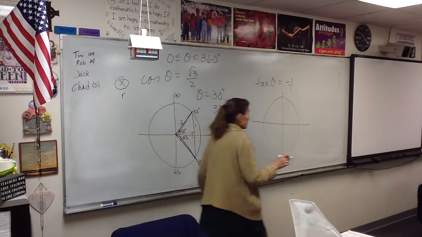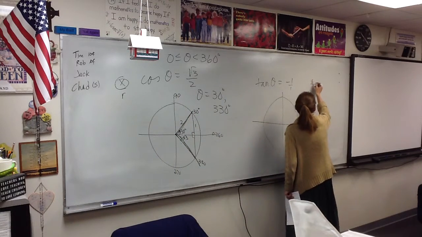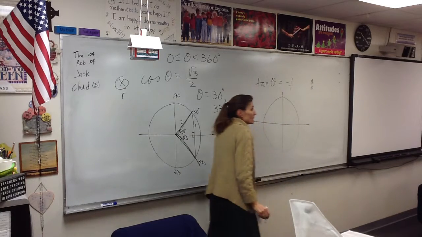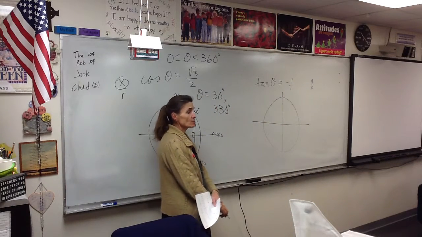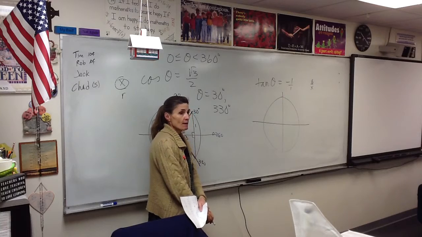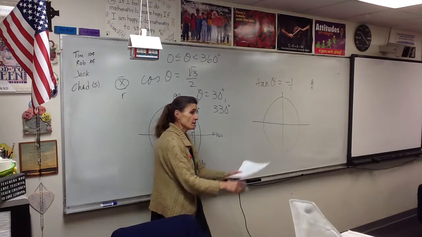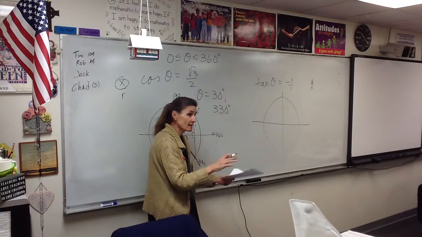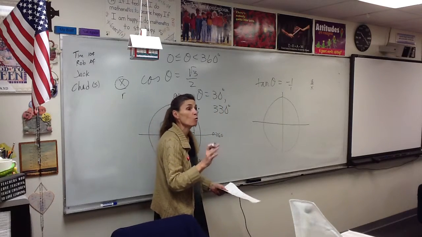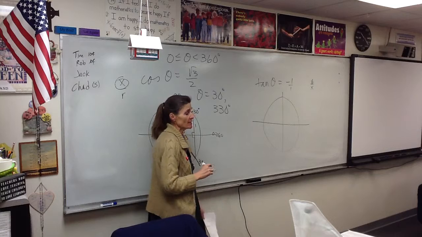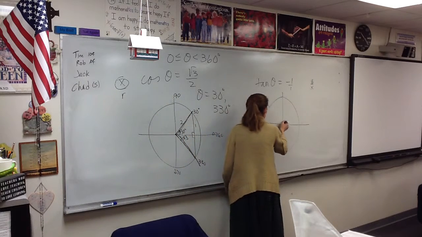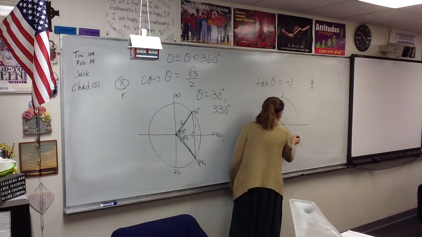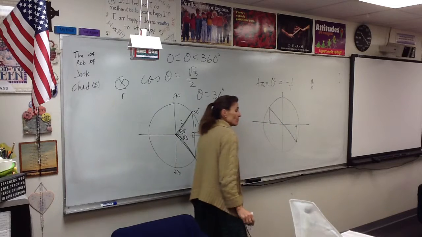Remember, tangent is y over x. If that fraction is going to be negative, then doesn't that mean one of them is positive and one of them is negative? You've got y and x, one of them is positive, one is negative. Which quadrants does that happen in? 2 and 4. So your triangles this time are in 2 and 4.